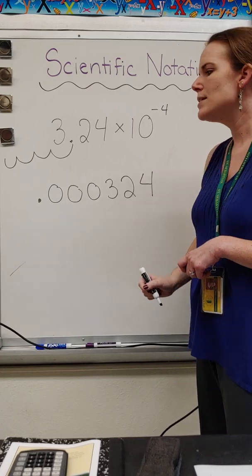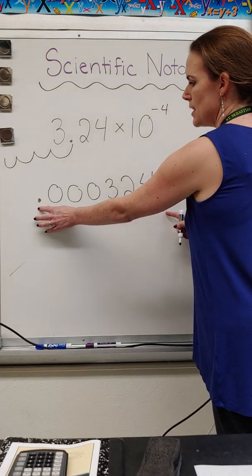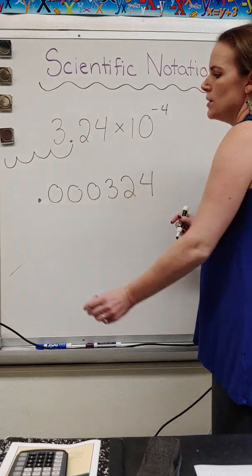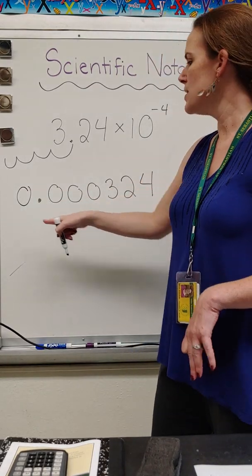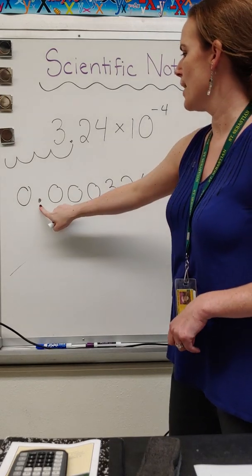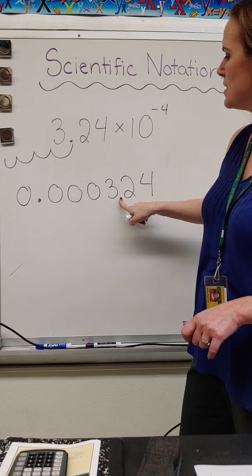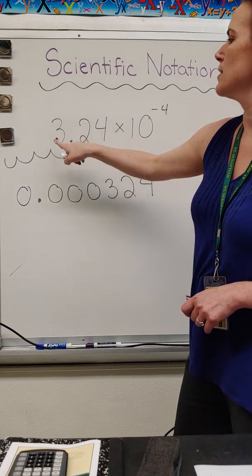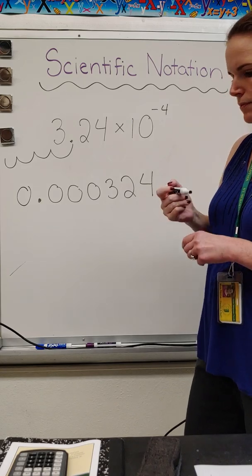You can always check your answer once you have it in this standard form, and it doesn't matter if you put the 0 in front or not. If I moved that decimal 1, 2, 3, 4 places, that would get me that 3.24 times 10 to the negative 4.